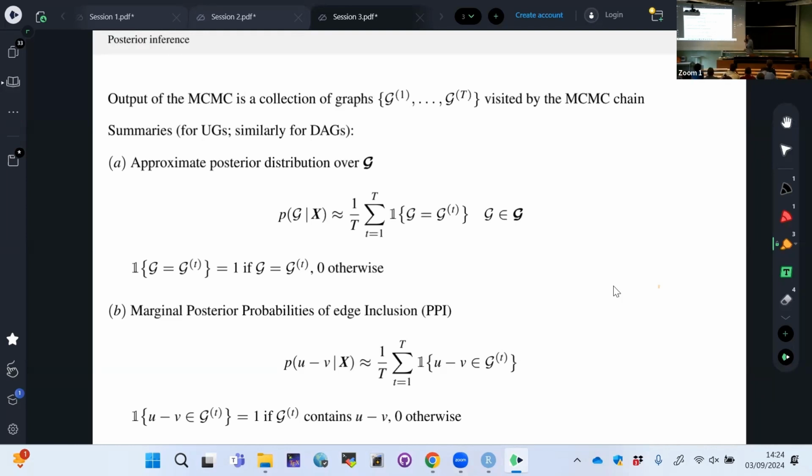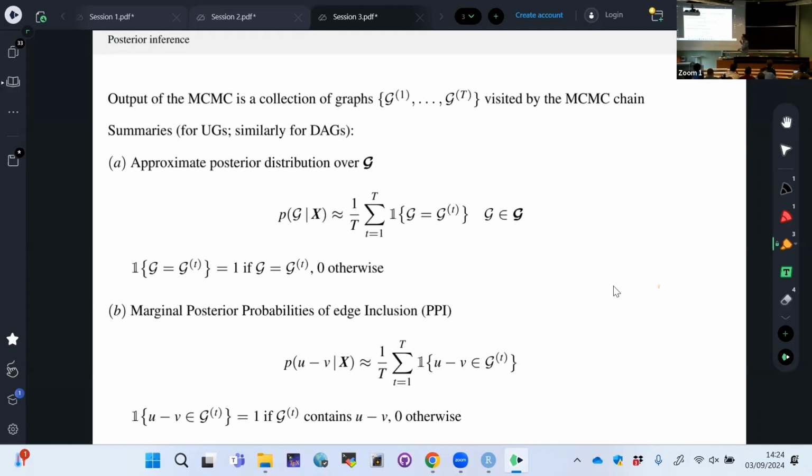So the first thing that we can do is to use this MCMC output to approximate a posterior distribution over the space of graphs. Okay. How can we estimate posterior probabilities of graphs? The idea is to use the MCMC frequencies of visits. Okay, so the number of times or the proportion of times any graph G is visited by the MCMC chain.